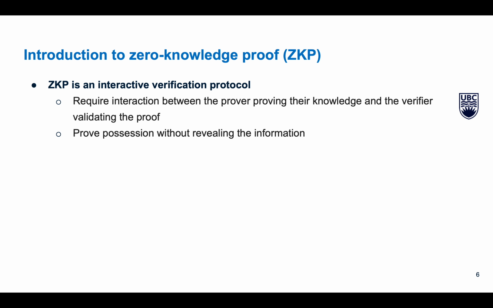It is a method by which the prover can prove to the verifier that a given statement is true, while the prover does not need to reveal any additional information. It is challenging to prove such possession without revealing any information.